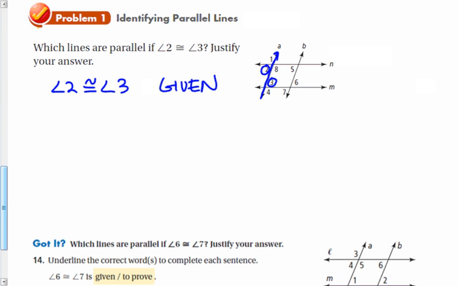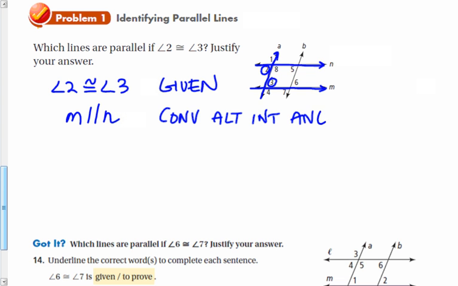So we're going to say that these two lines must be parallel because those are the two lines that make 2 and 3 alternate interior angles. So M is parallel to N, and that is by the converse of the alternate interior angle theorem. All right, you try that.